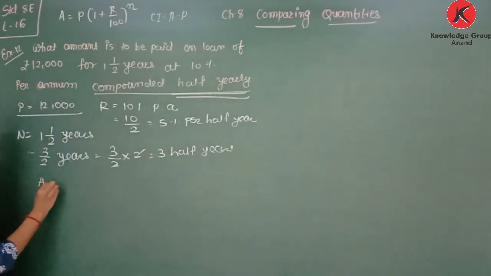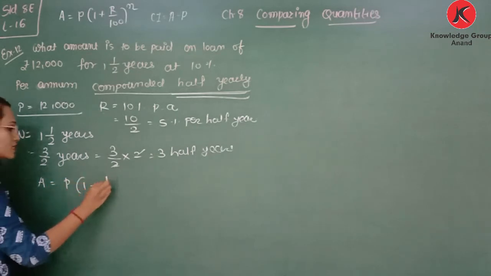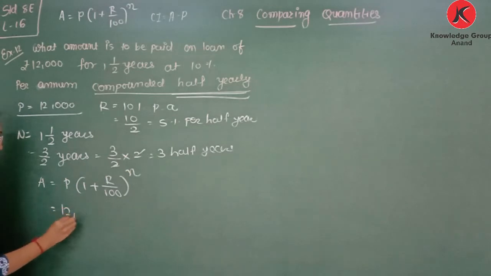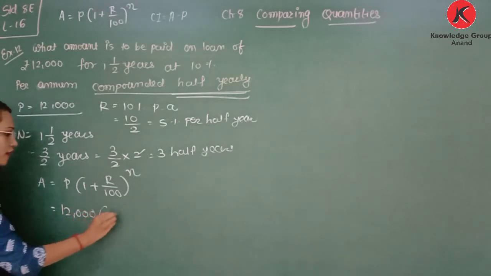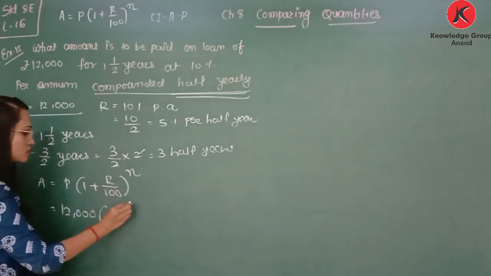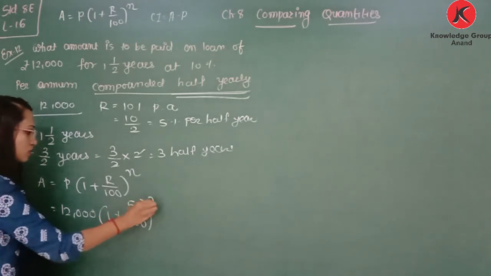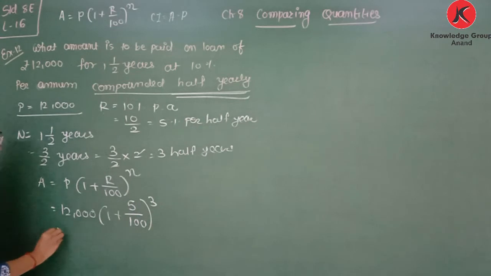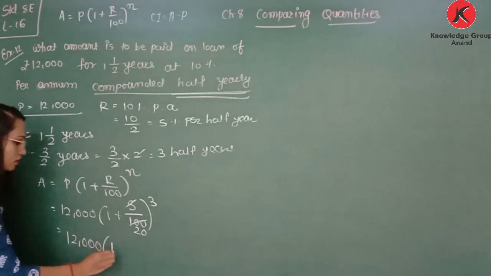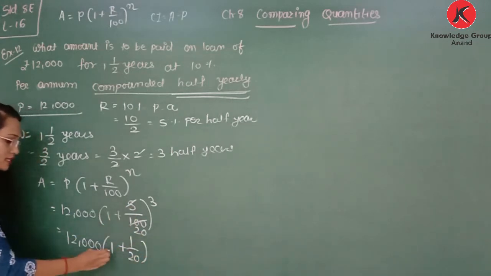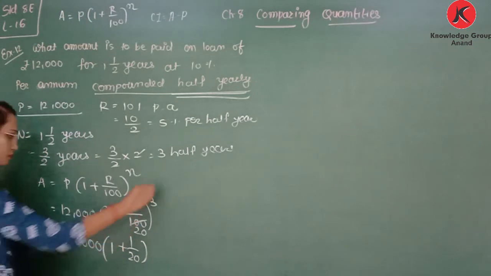So amount is P times 1 plus R divided by 100, raised to n. P is 12,000, 1 plus rate of interest 5 divided by 100, raised to 3. Now 5 by 100 is 1 by 20, so 12,000 times 1 plus 1 by 20. 20 ones are 20 plus 1, that is 21.